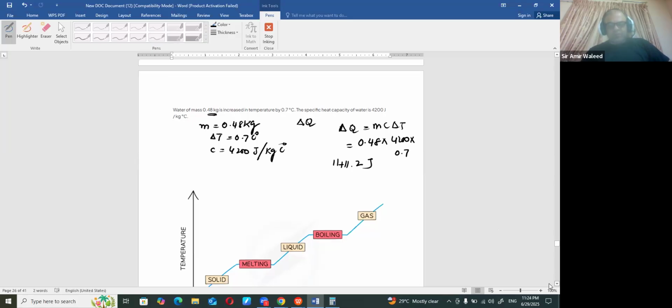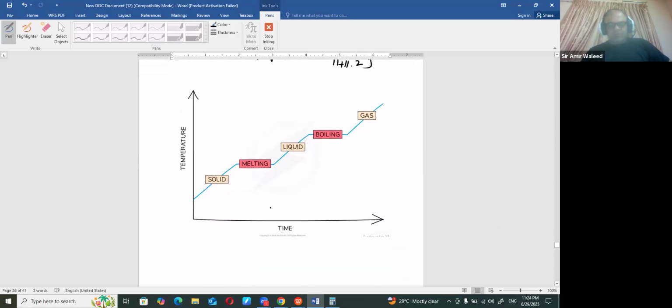Now, one more thing which is very, very important: you can see this is a graph. Initially, it's a solid state, and the temperature is rising. Then the temperature stays the same. There is melting, because the temperature doesn't change. Whatever heat energy is supplied is required to change the state from solid to liquid.